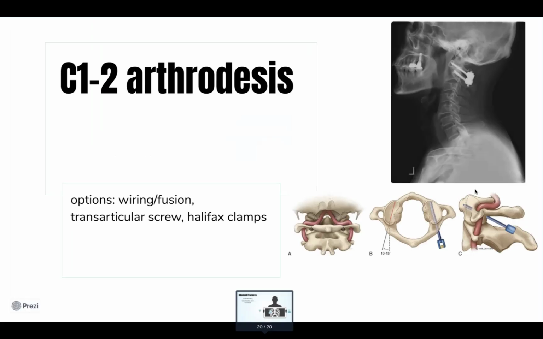So C1-2 arthrodesis. This is a form of fusion. This is from the back approach, so going through the back. Different options. You can do wiring and fusion, transarticular screws or Halifax clamps. And here is a picture of a lateral mass screw where you're using screws into the C1 and C2 as a form of fusion and just preventing any mobility.